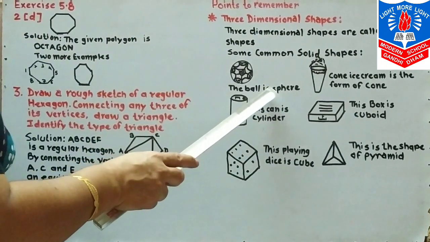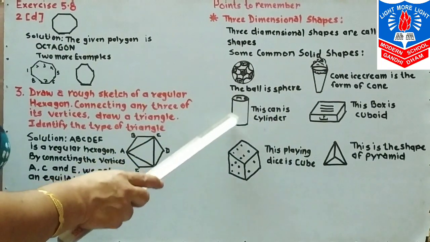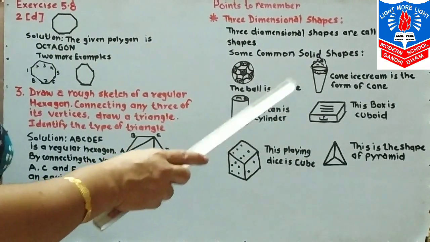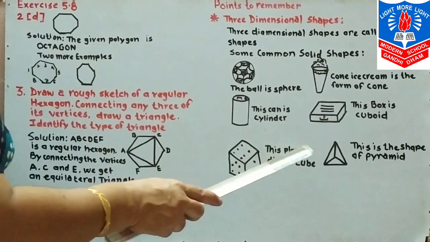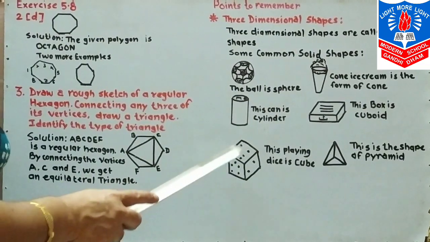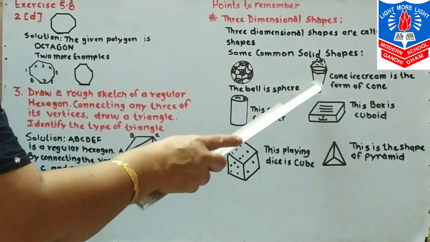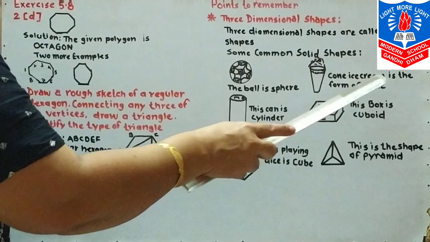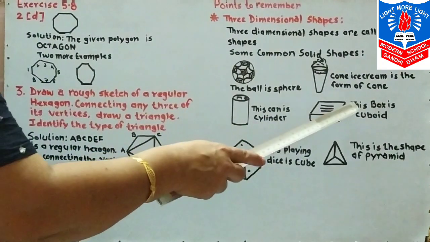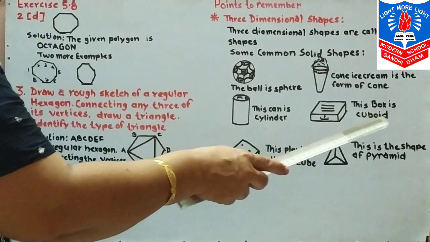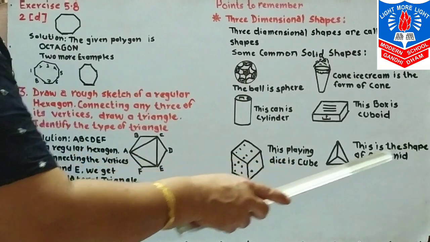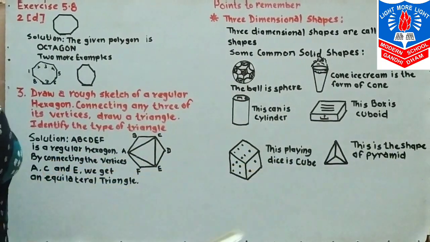The ball is a sphere. This cane is a cylinder. This playing dice is a cube. Here, the ice cream cone is in the form of a cone. This box is a cuboid. This is the shape of a pyramid.